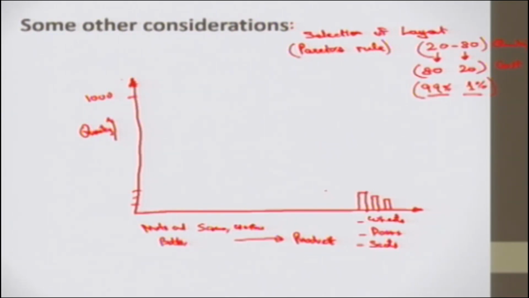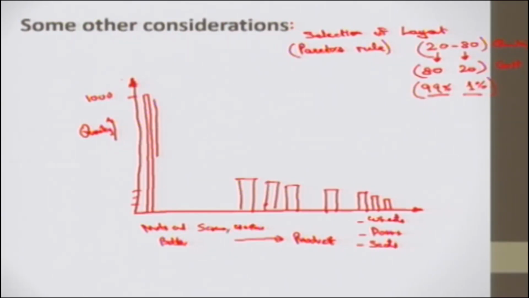So this chart would come like this one. So here we would have these many number of components.